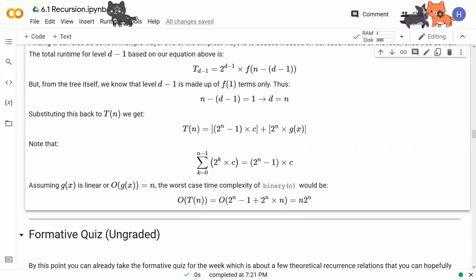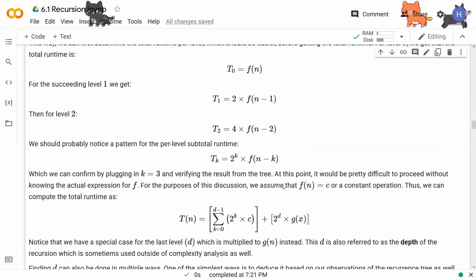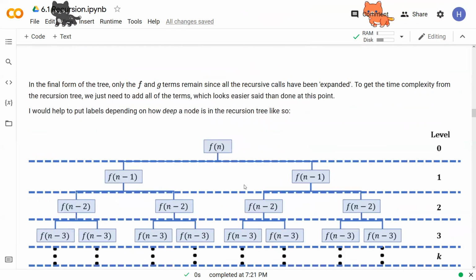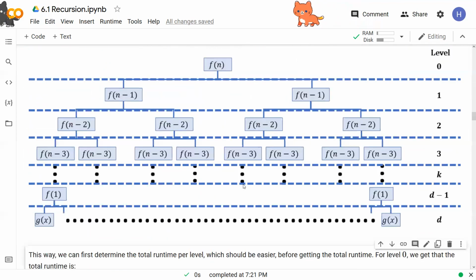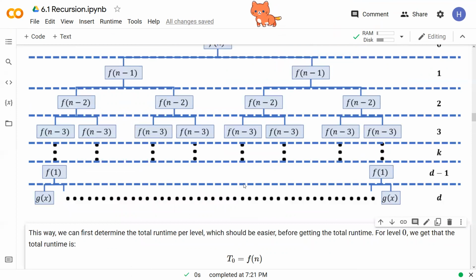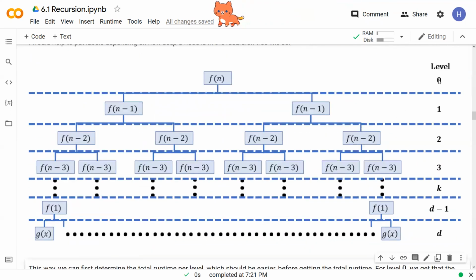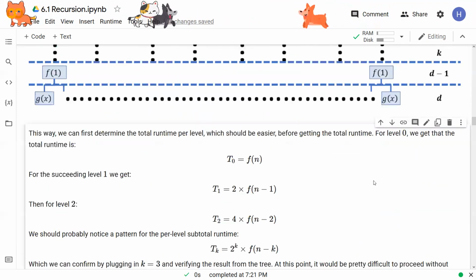So, linear times 2 to the n yung ating time complexity ng ating function na to na binary. So, medyo malaki siya actually since going from, for example, level 0 to level 3 times 8 na nga. And then yung sa next level is times 16. So, exponential yung paglaki ng ating run time.